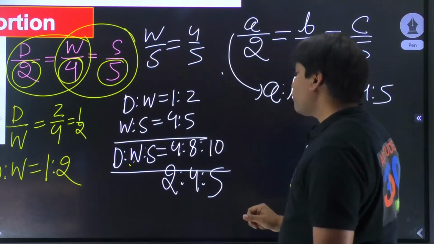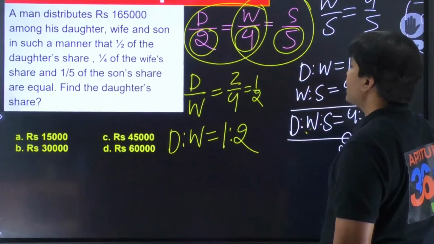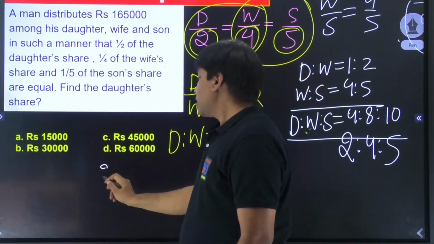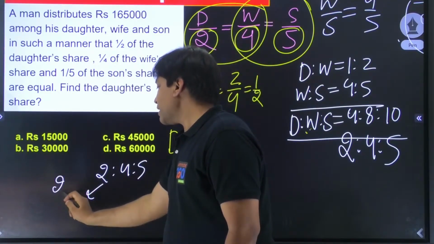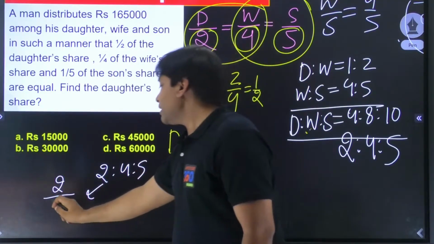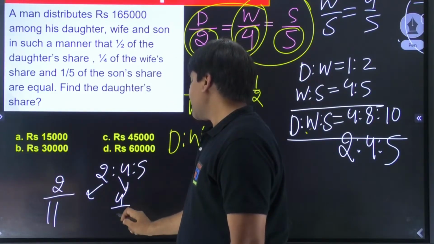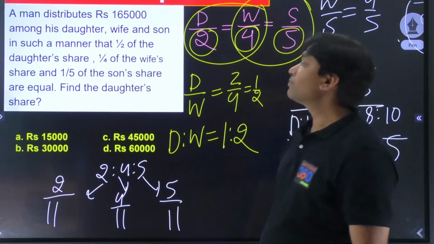अब अगर ये 2 is to 4 is to 5 हो गया, understand this. Daughter, wife and son, they are getting amount in the ratio 2, 4, 5. First person will be getting 2 divided by 11 of the first. The second person will be getting what? 4 divided by 11, and this person is getting 5 divided by 11.